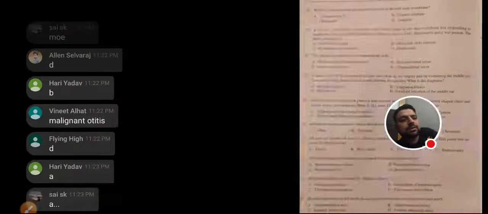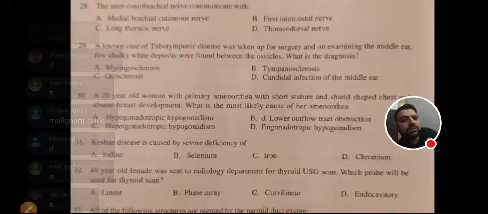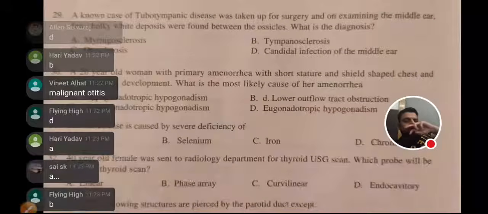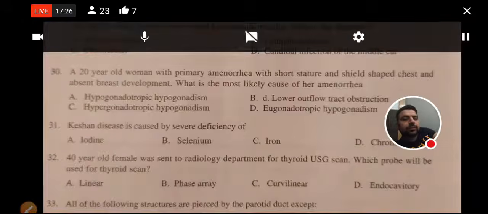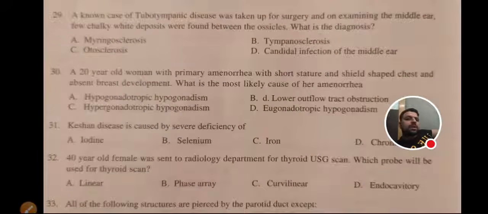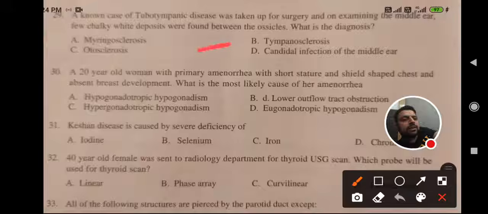A known case of tubotympanic disease was taken up for surgery, and on examining the middle ear, a few chalky white deposits were found between the ossicles. What is the diagnosis? The answer here is tympanosclerosis.